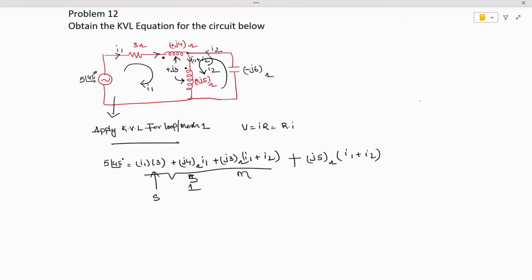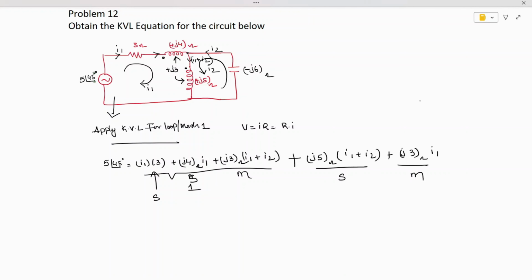Now let's write down for the second coil. Plus J3 is the mutual inductance. Here also current is entering, multiplied with I1. So I can call this the self-inductance and this the mutual inductance.